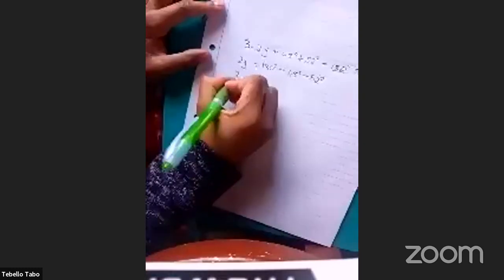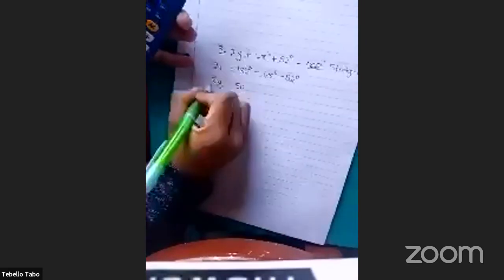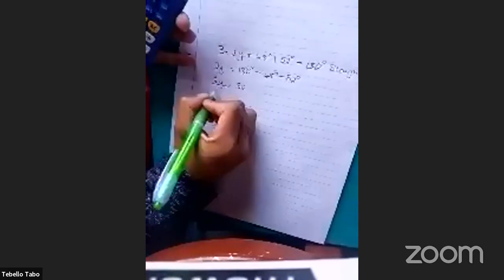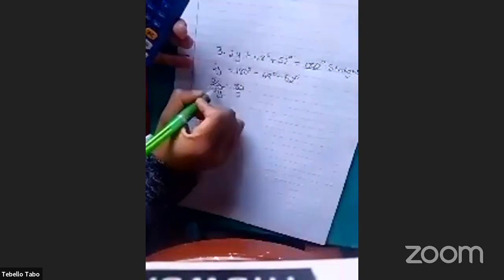So our 2y equals 180 minus 48 minus 52 degrees, and we'll have 80. So then we'll divide by 2. This 2 will cancel the 2 in 2y.